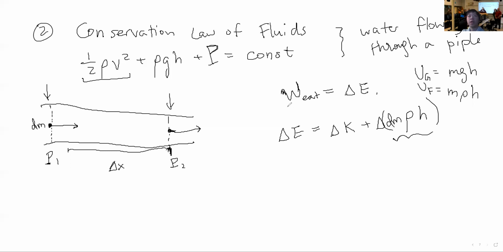Okay, so we know that the work external is equal to the change in energy, right? So delta K is going to be equal to half times dm times delta of v squared from point 1 to point 2, right?